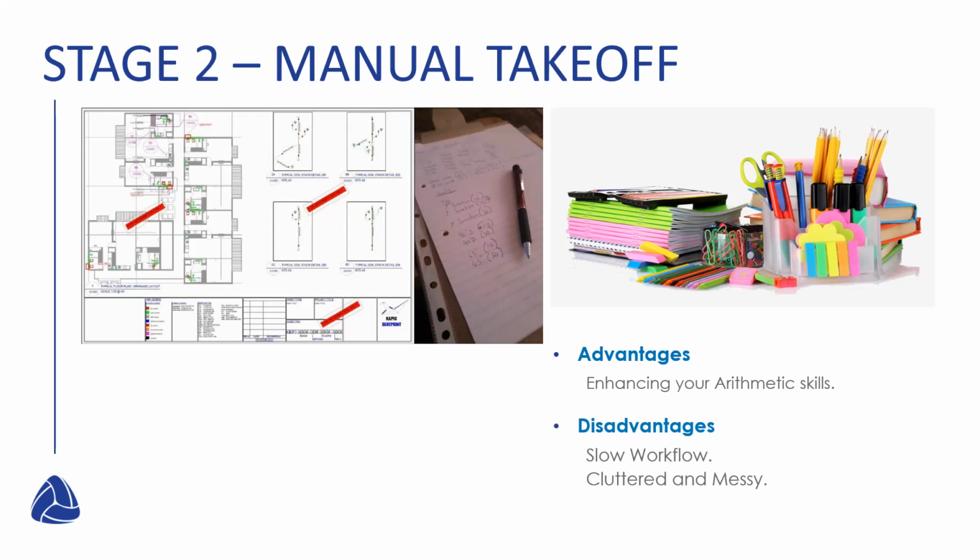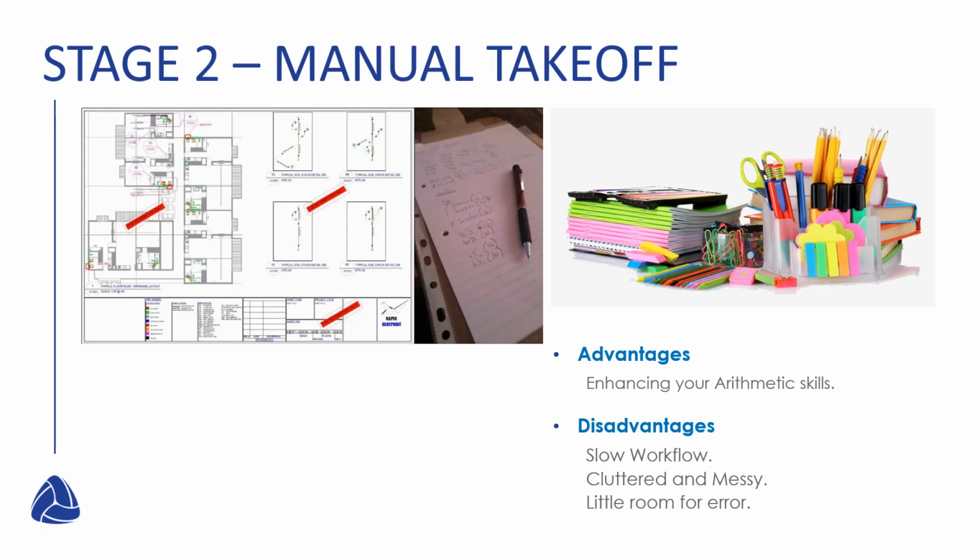The second disadvantage is that work is cluttered and messy. Think about all that stationery, all that paper that you're gathering. Your desk might look clean at the start of the week, but towards the end of it, can you even find your keyboard on the desk? The third item is that there's little room for error.